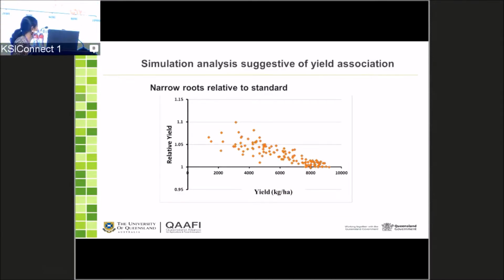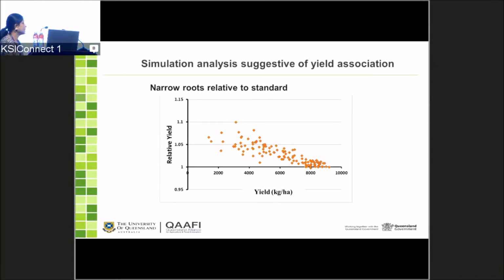This figure shows the simulation results. There is a higher relative yield increase in the narrow angle line compared to the standard variety, especially under lower yielding environments.